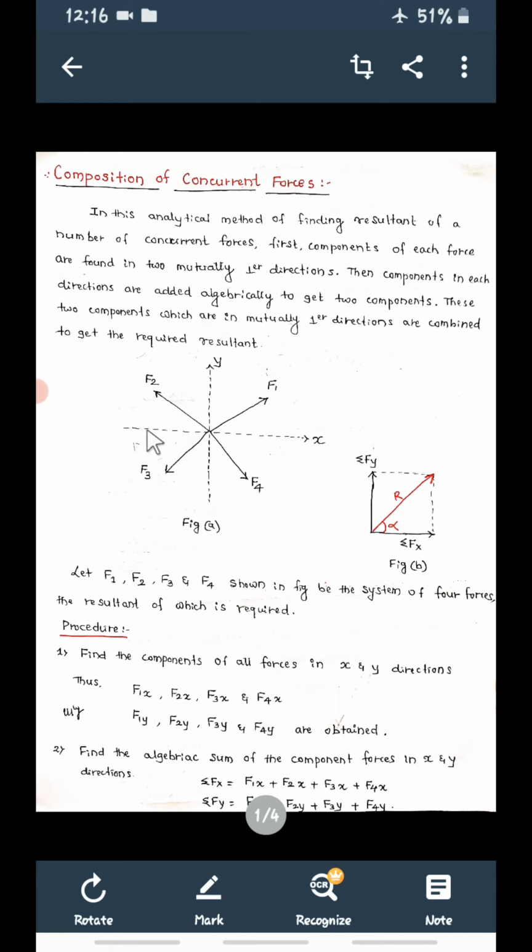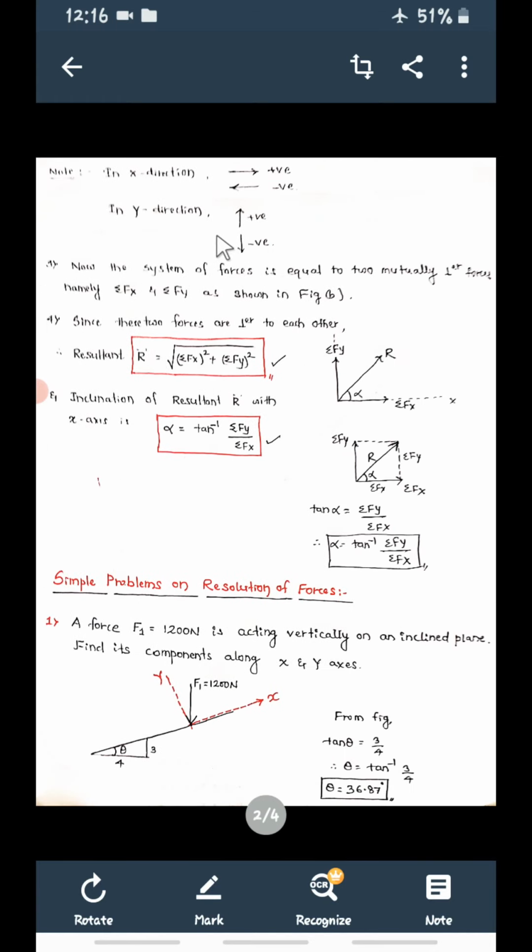This is plus F4x. Similarly, for vertical, if it is moving upward, it is positive. If the force is moving downward, it is negative. This is for y direction. In x direction, if the direction is like this, it is positive; if the direction of force is like this, it is negative.